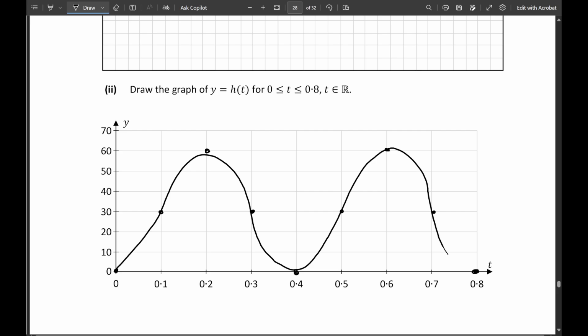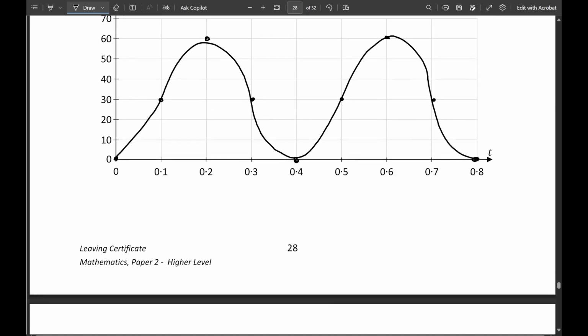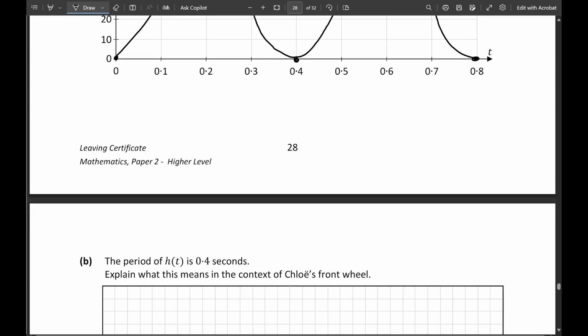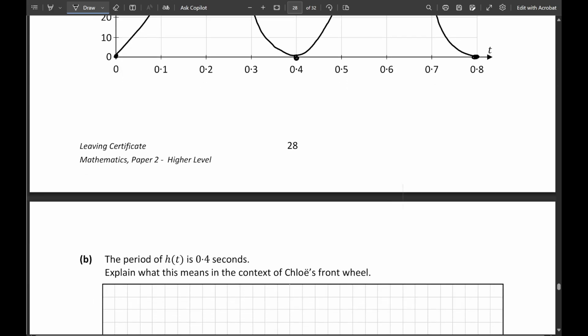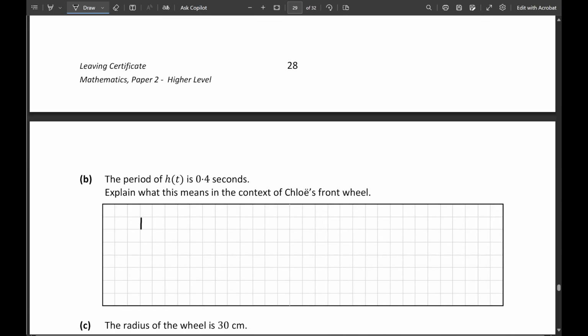Kind of screwed up at the beginning of the graph, but it kind of gets there. The period of h, yeah, is 0.4 seconds. Explain what this means in the context of Chloe's front wheel. That's just the time for one full rotation of Chloe's wheel.